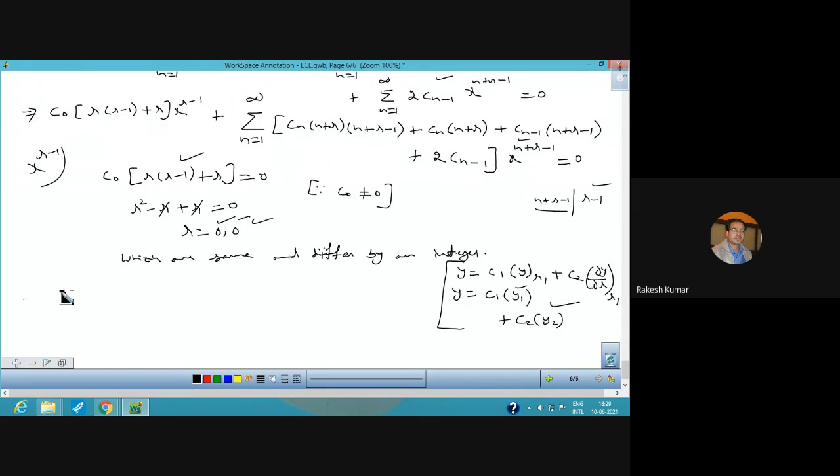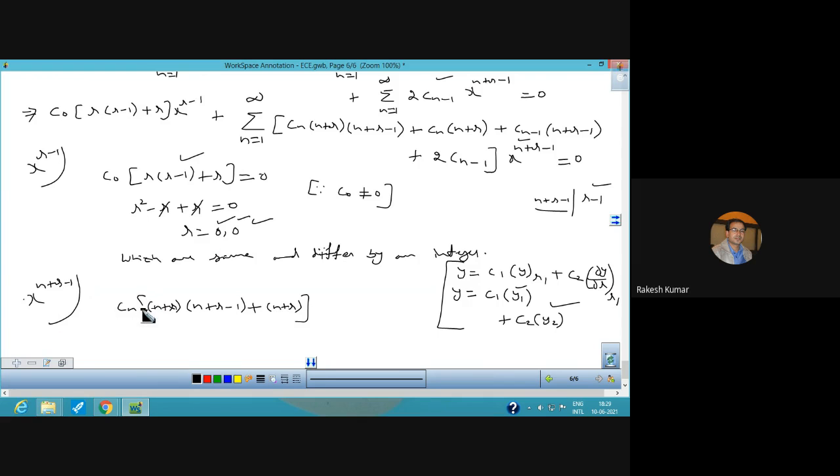Equating to 0 the coefficient of a general term, that is x to the power n plus r minus 1, you will get Cn, and inside you will have n plus r and n plus r minus 1 plus n plus r.